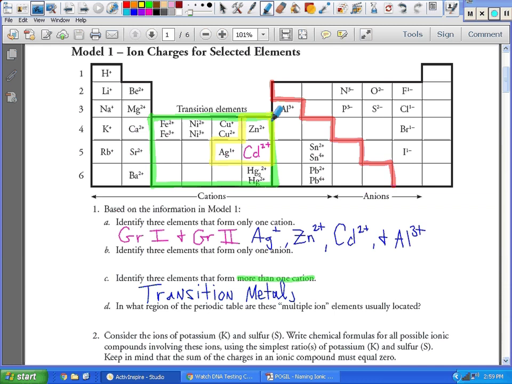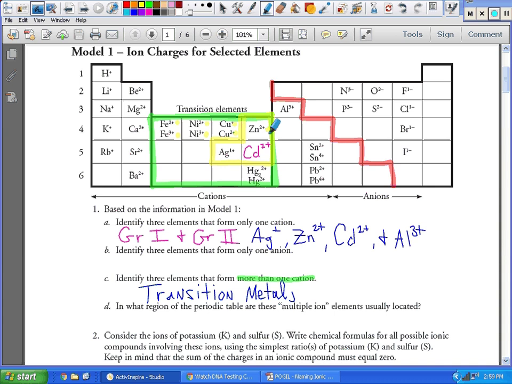It's 1 and 2, 1 and 2, 1 and 2, 1. Just one option. Not the value, how many of them are there possible? Yes, Mn, 2, 4, and 7. Yes, exactly. More than one possible oxidation state or charge. Does that make more sense?